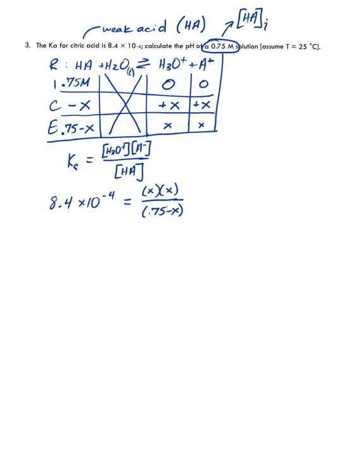I am just plugging these equilibrium values into the equilibrium expression. Once you get here, this is when you want to stop and check for the approximation method.